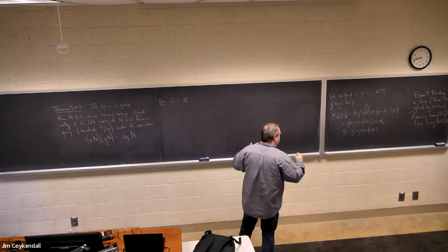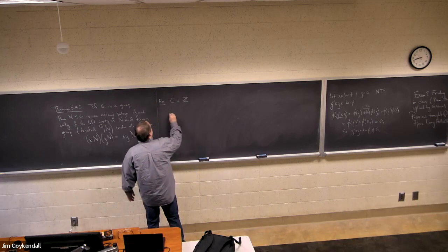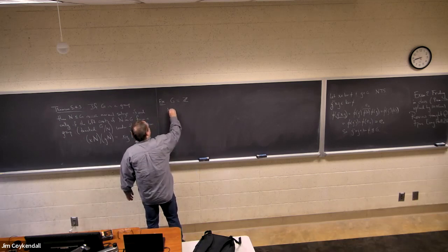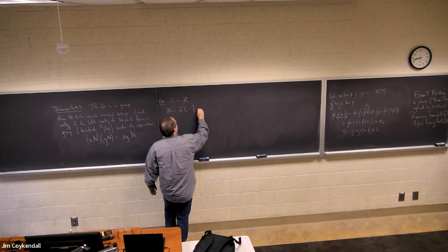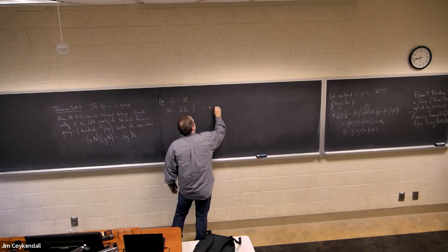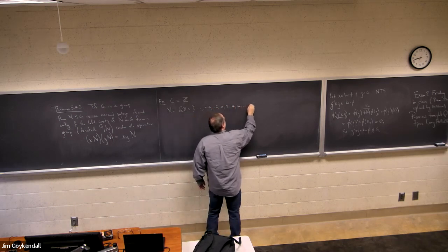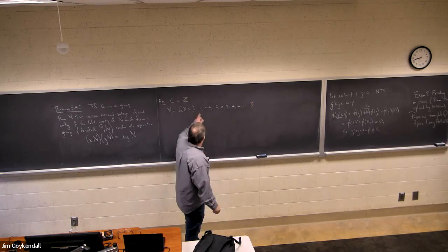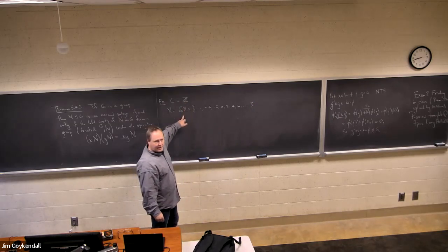I'm going to do something that I can just really write down here. Let N be 2Z. Notice that this is an abelian group, so this is automatically a normal subgroup.